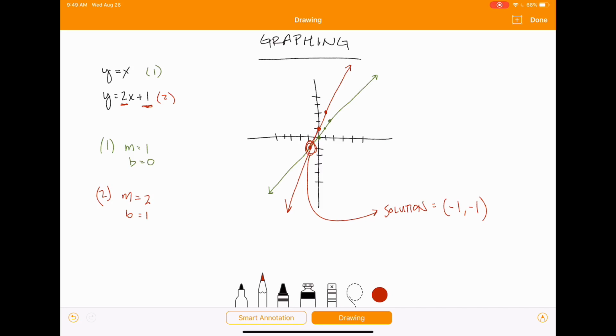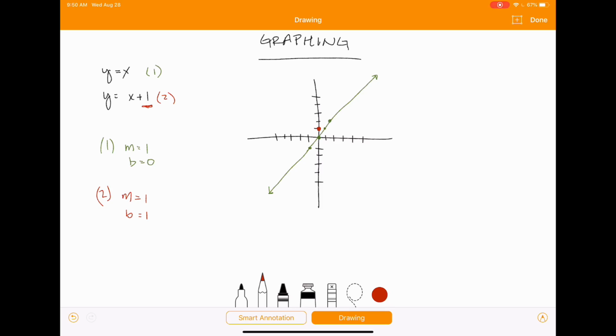Now if we look at something a little bit different, if we change this so that we just have x plus 1 as our second equation, our y-intercept is going to be the same, but our slope is going to change to 1 here.